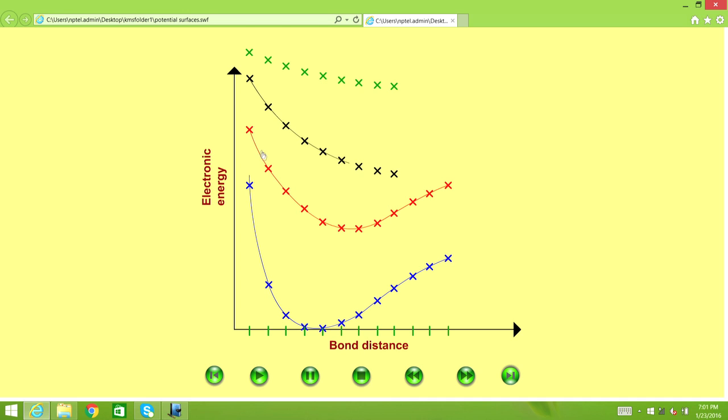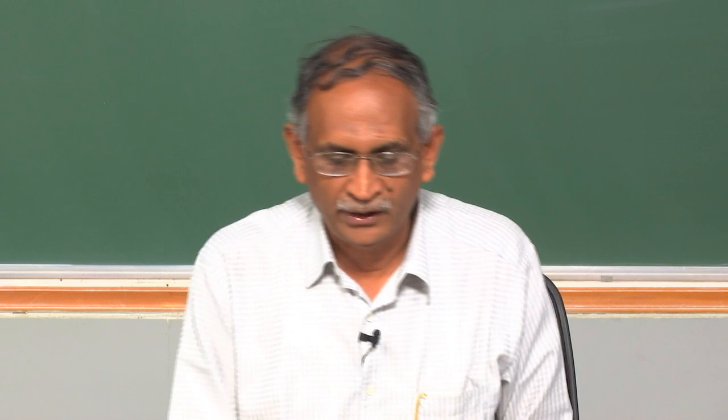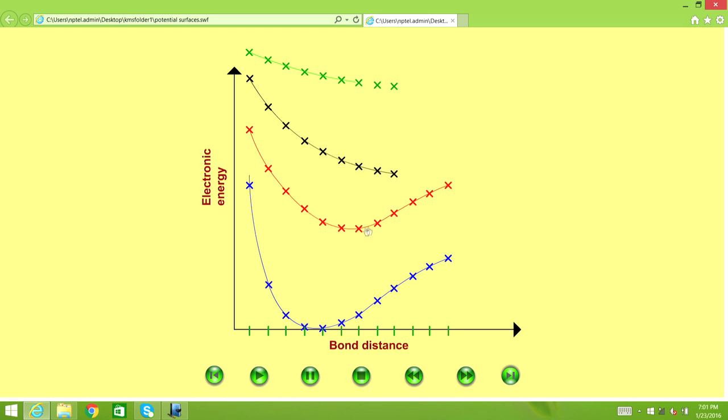The next higher energy, the second energy for each and every such configuration, which I have connected using a red line, is called the first excited electronic state energy, and then you have the second excited state electronic energy, the third excited state electronic energy, and so on.